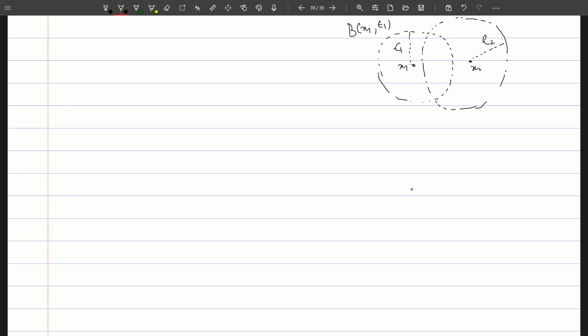Now we have the point y, which is in the intersection of these two balls.